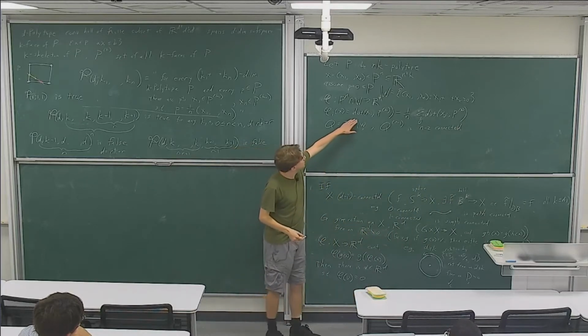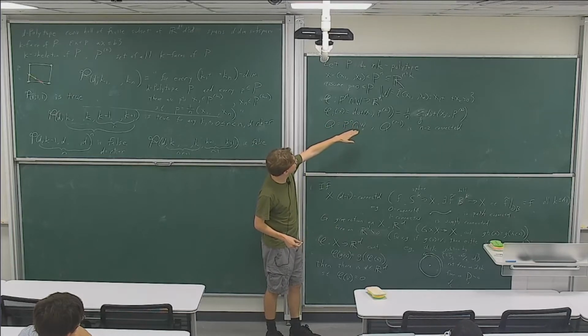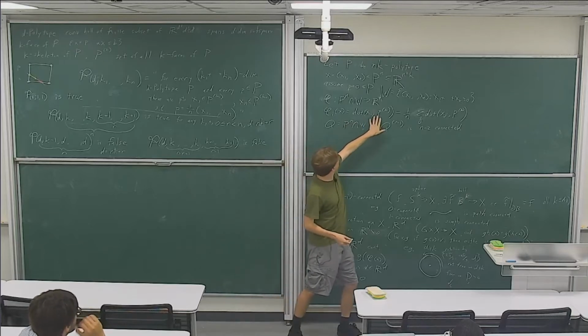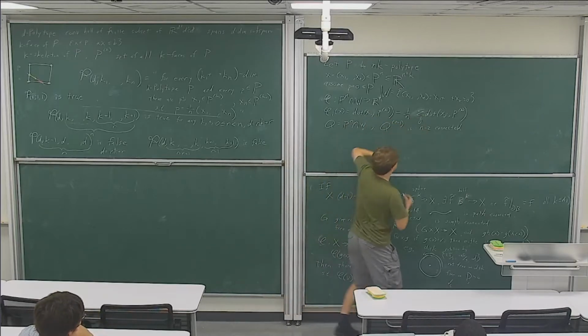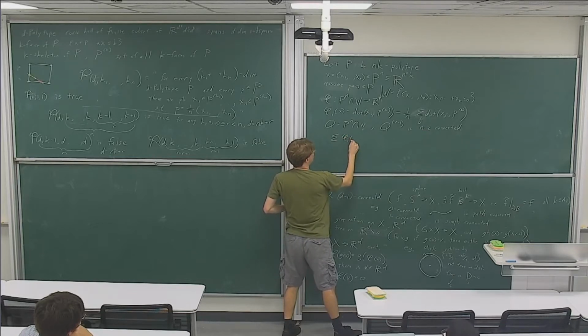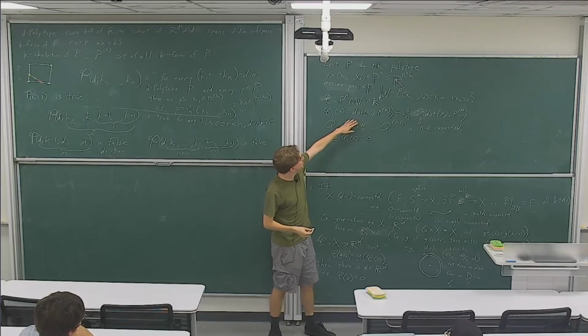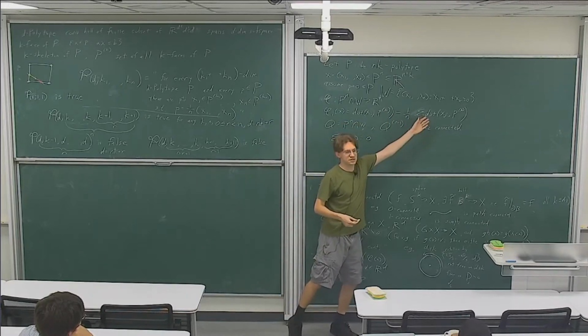And this map phi actually goes to the diagonal, because if I look at the sum of phi_i of any x, I always get 0, right? Because I'm taking the sum of things, in each case subtracting the average.